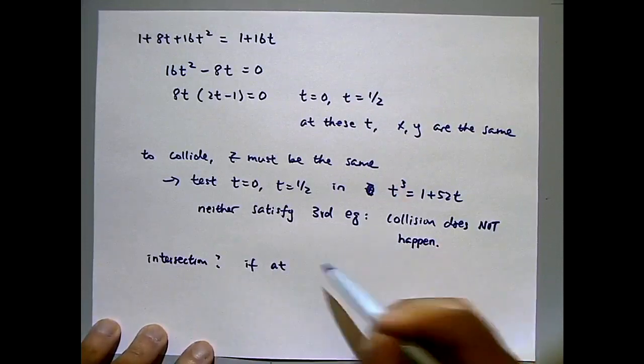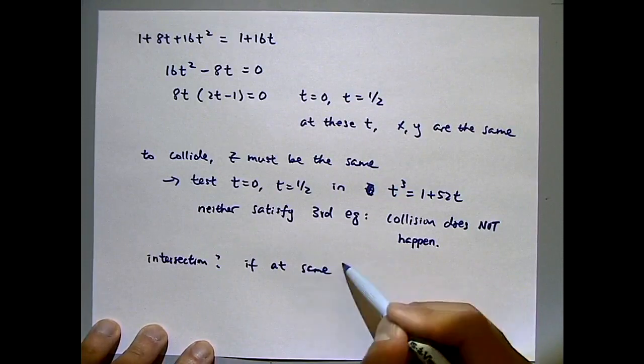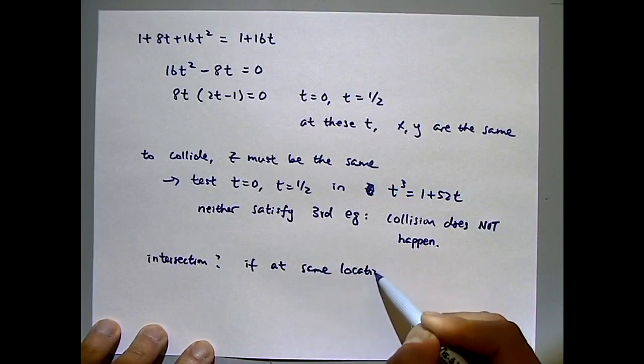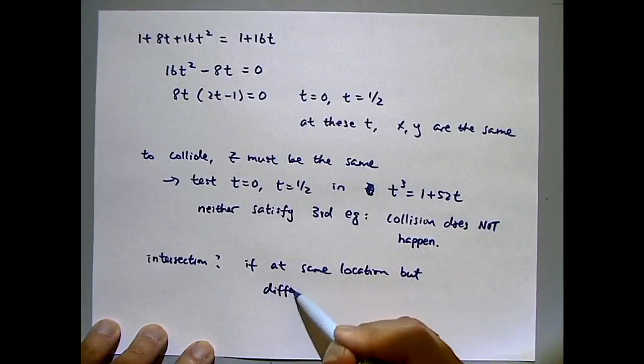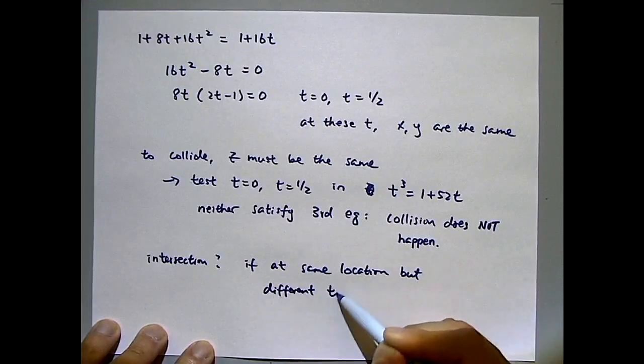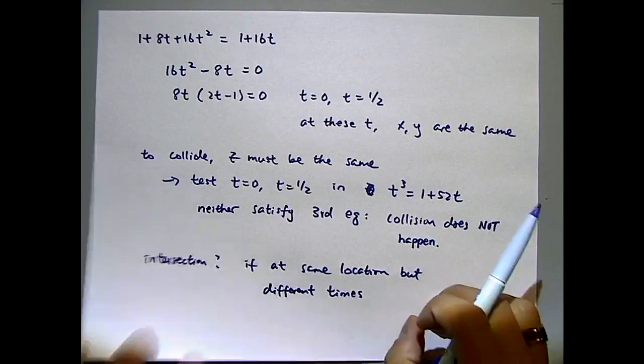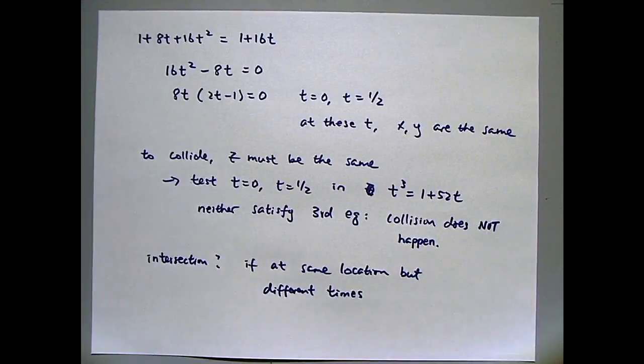Remember, this is if at the same location, but different time. I will address that question before I upload the notes, so I'm not brushing that aside. I'm not forgetting that.